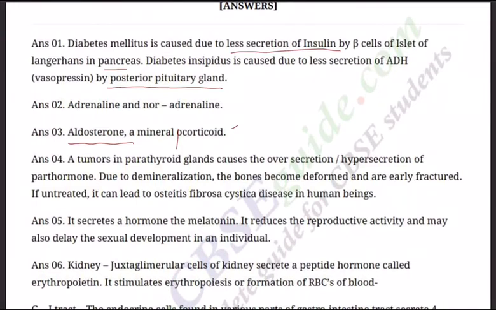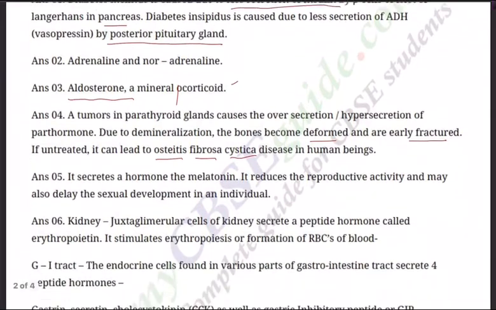Tumors in the parathyroid glands cause oversecretion or hypersecretion of parathormone. Due to demineralization, the bones become deformed and are fractured early. If untreated, it can lead to osteosis and fibrosis, cystic diseases in human beings.